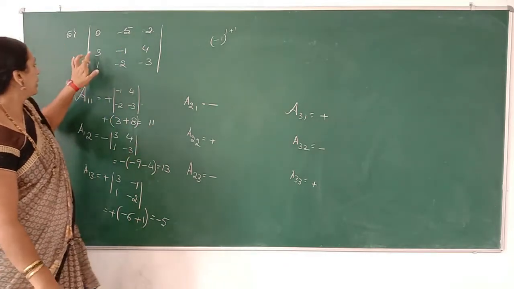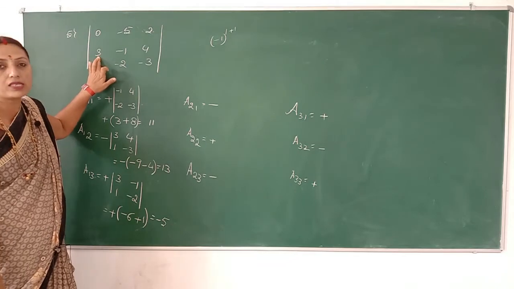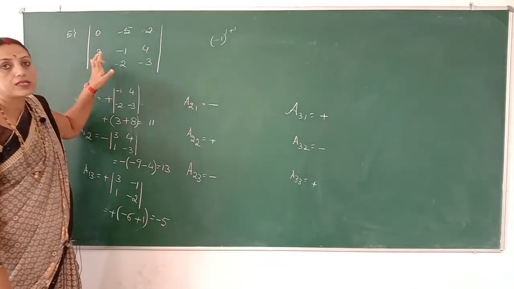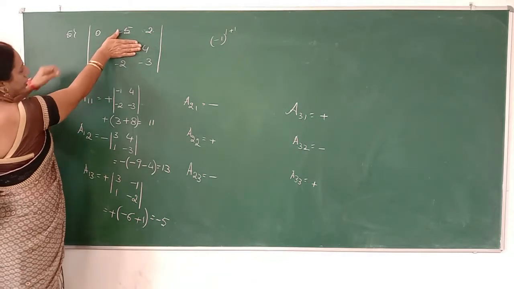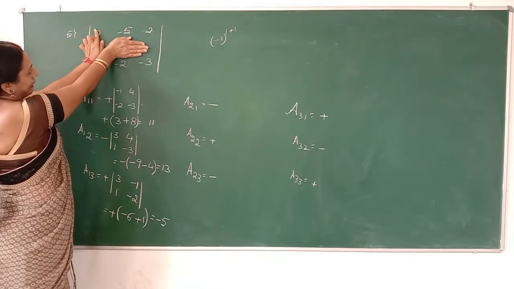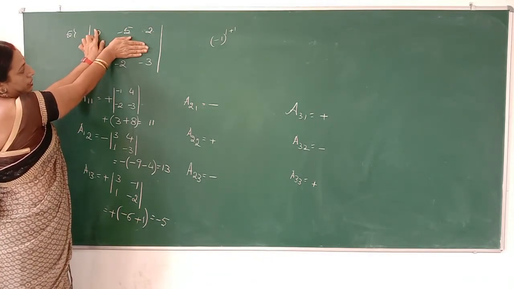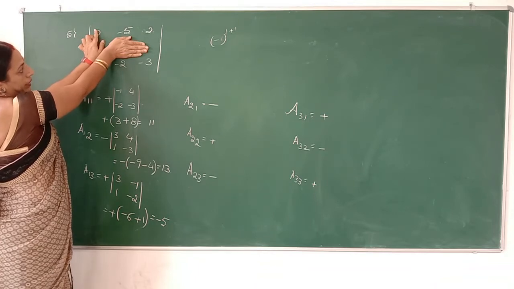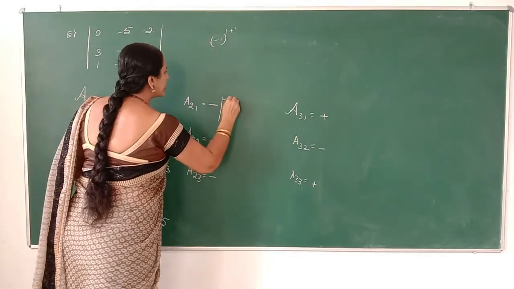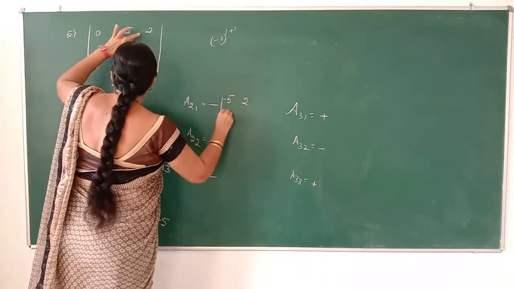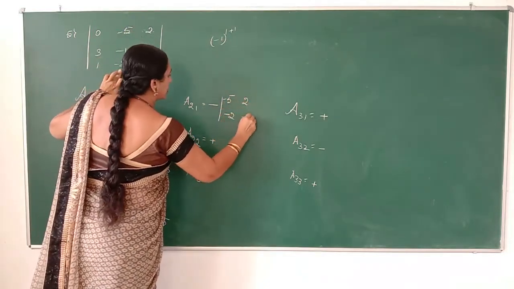So next will be A21. A21 means which is an element of second row, first column. So the elements of the second row and first column get neglected. The remaining elements of the 2 cross 2 determinant are minus 5, 2, minus 2, minus 3.